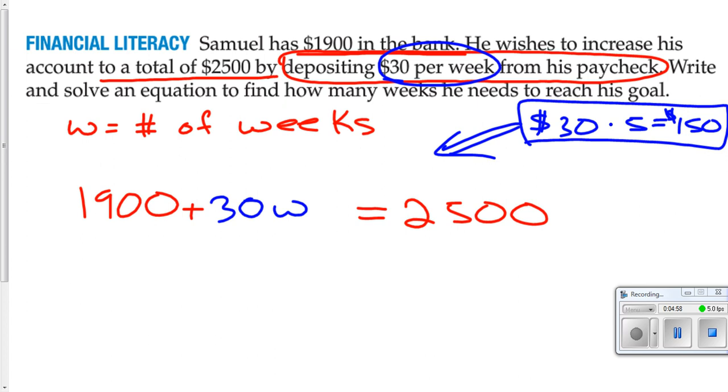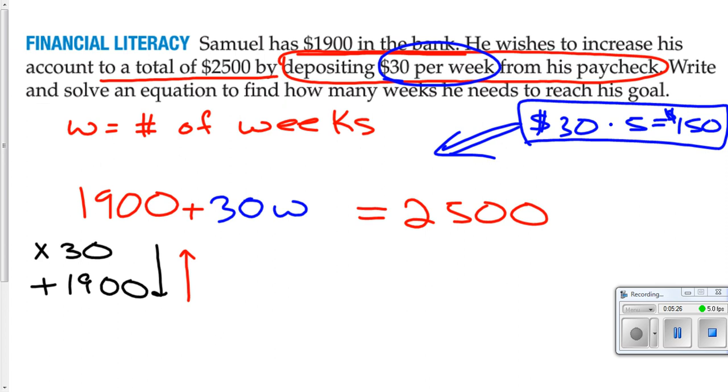And so what we're really doing with this one is the following. When I solve a problem, and this is just something that I like to do, I like to start at the variable and see what's happening to the variable, and then go backwards. So what's happening to the variable? Well, the first thing that's happening to the variable, you're multiplying by 30, and you're adding 1900. So if this is forwards, then backwards would be the opposite direction.